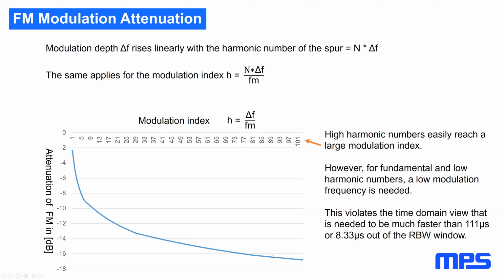But the problem is that on the other side, low modulation frequencies will give slow moving carriers. So they violate the time domain view of the 111 microseconds or 8.33 microseconds. So in reality, these things will go up here again.